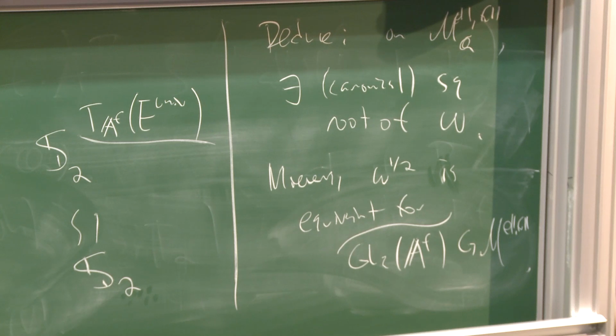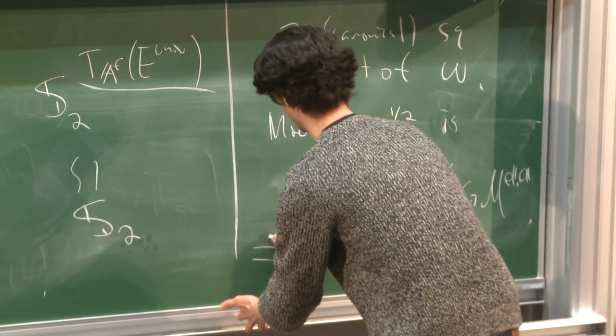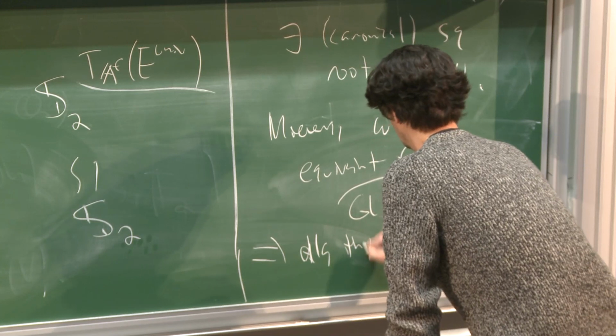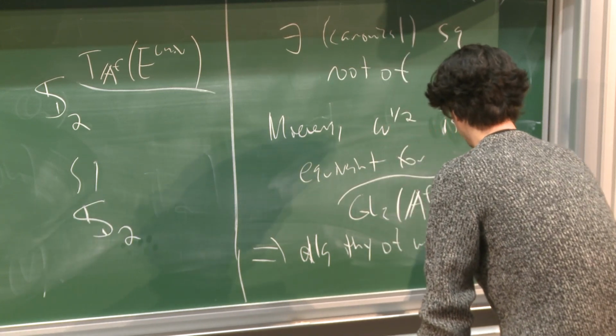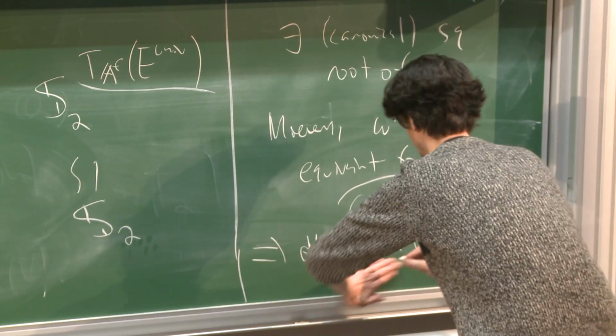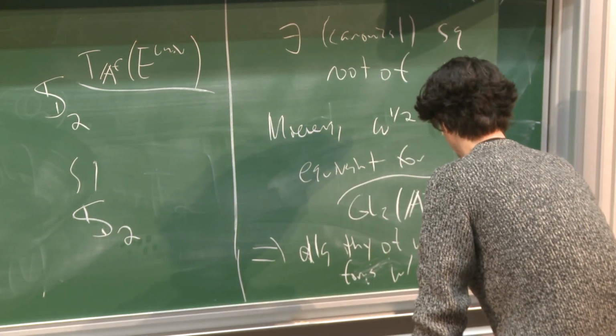And what this is saying is that, well, this explains in some sense why there's an algebraic theory of weight 1/2 modular forms with Hecke action.